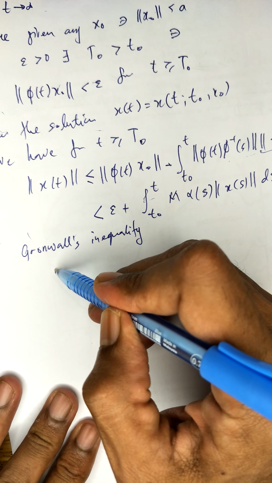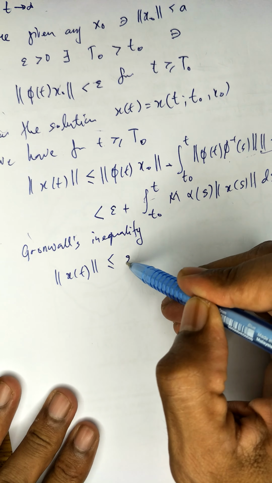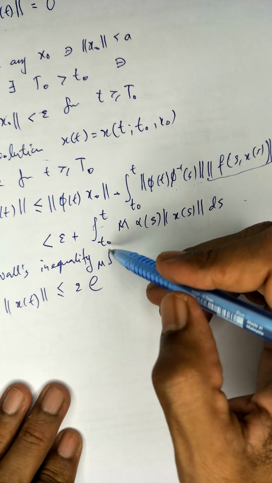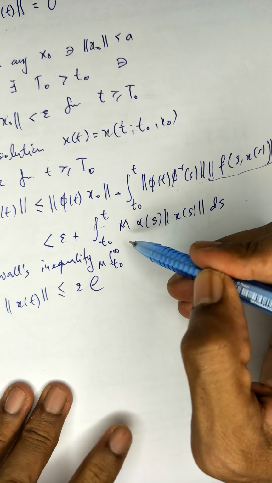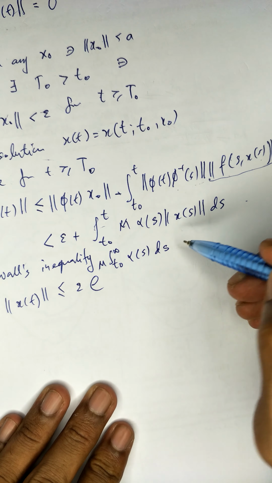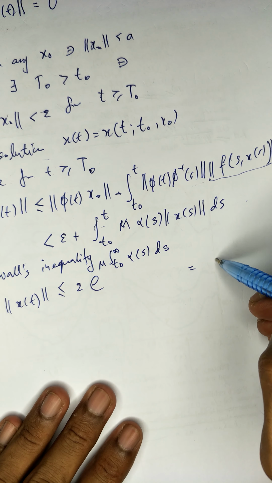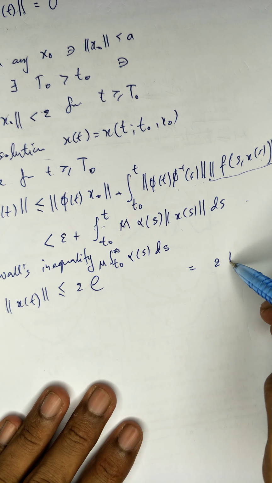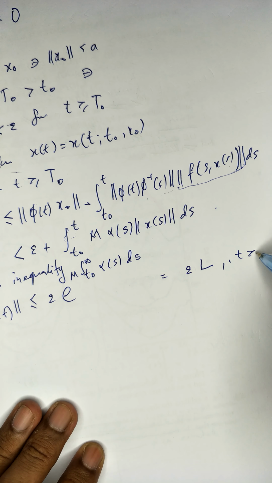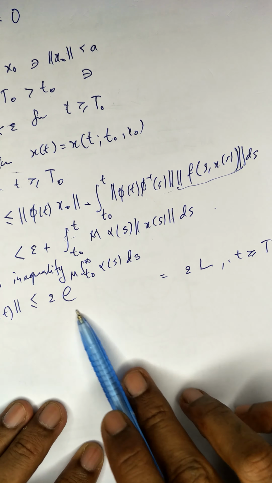We have x(t) less than epsilon exponent M integral from t naught to infinity of alpha(s) ds. This is equal to epsilon, let's say some number L, for t greater than T naught, because that part is bounded.